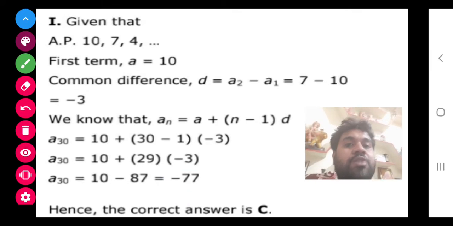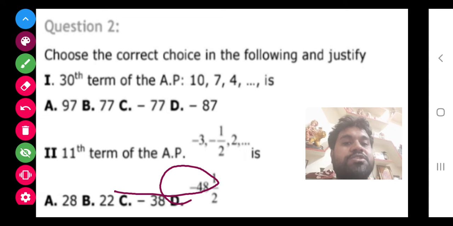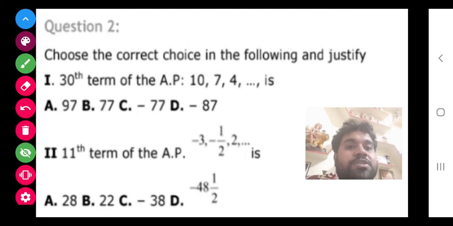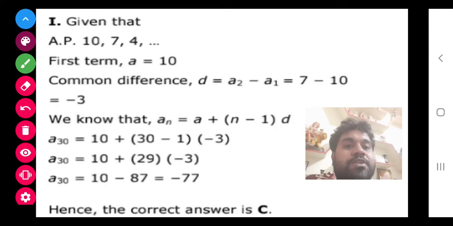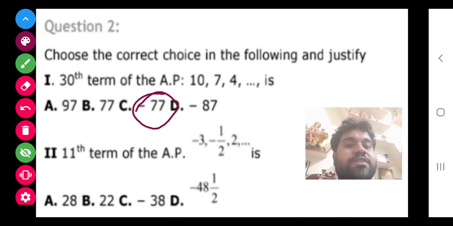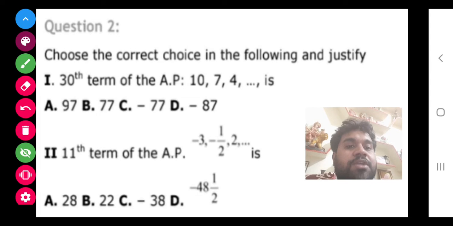So out of which you can say which is the correct option in this question? The correct option is minus 77. Similarly you will proceed with the second part also.